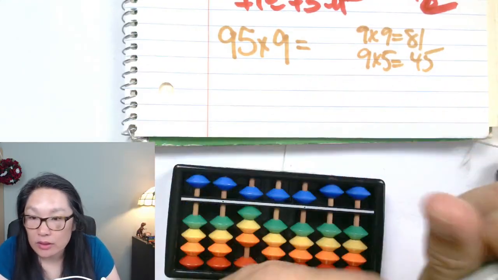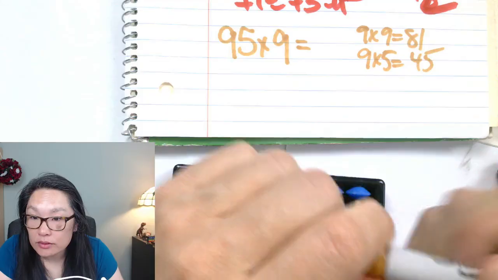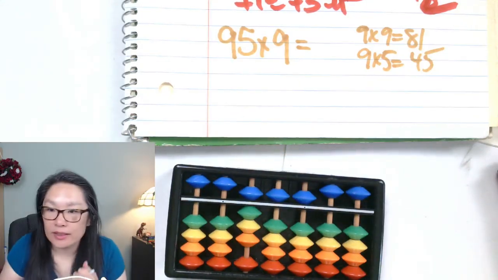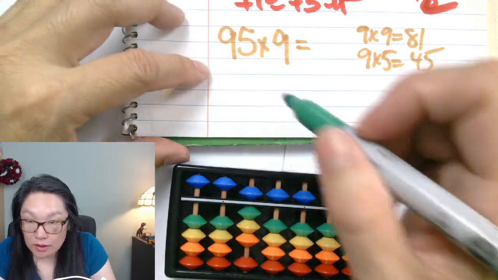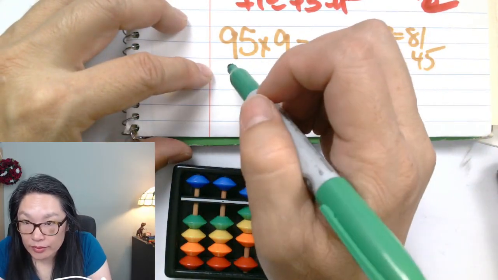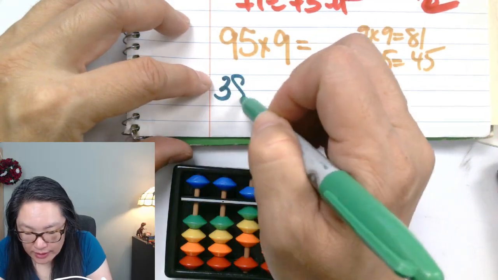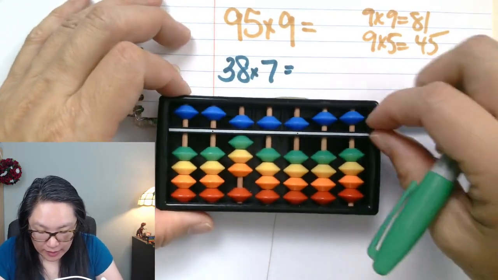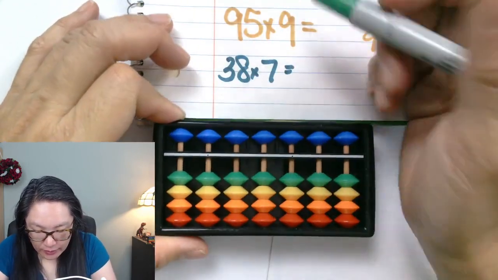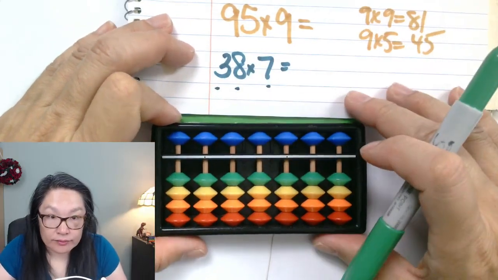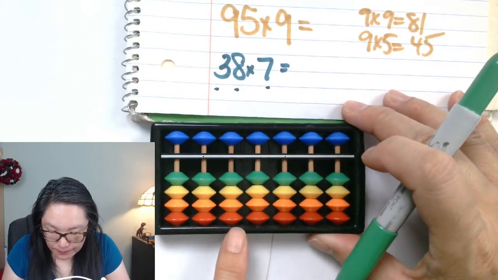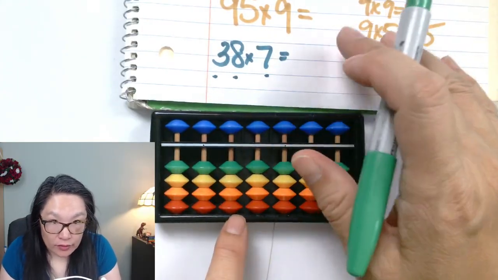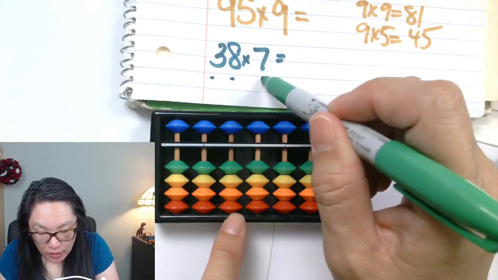So we can do another one. We do 38 times 7. It's the same thing, right? We do 1, 2, 3. If you noticed, I go outside first.